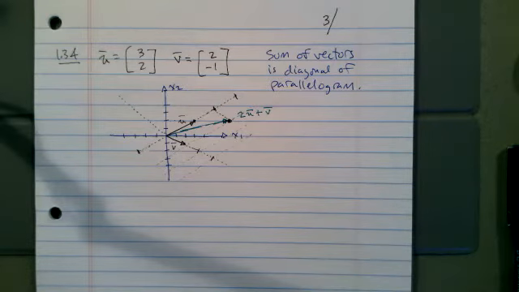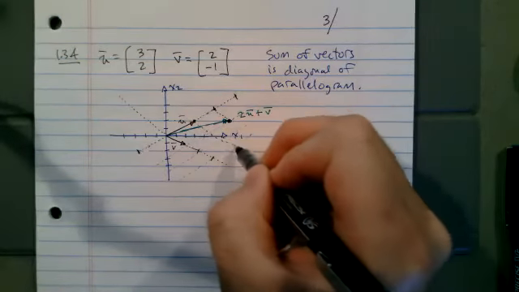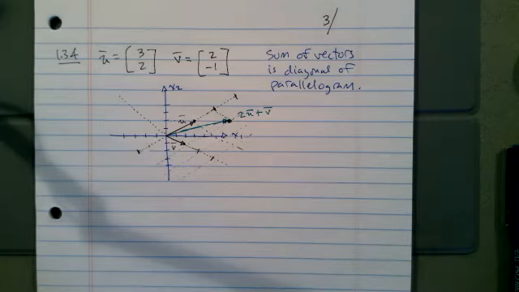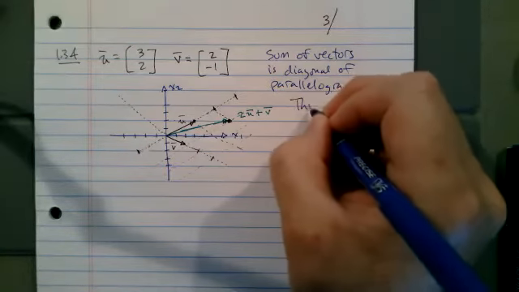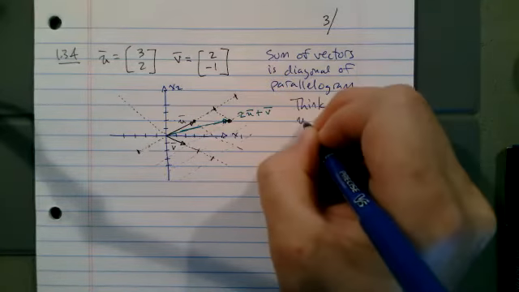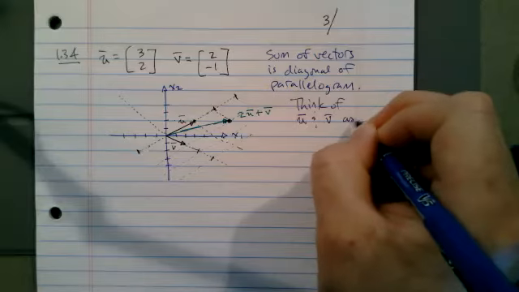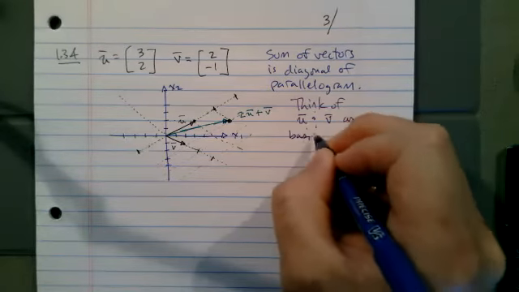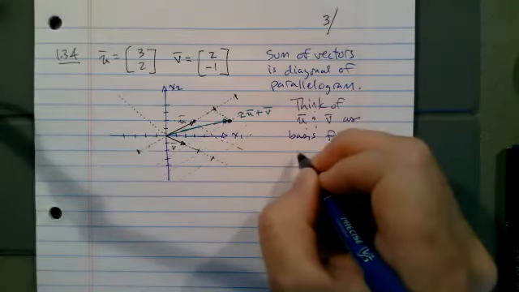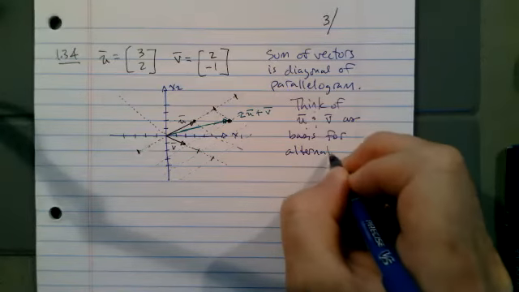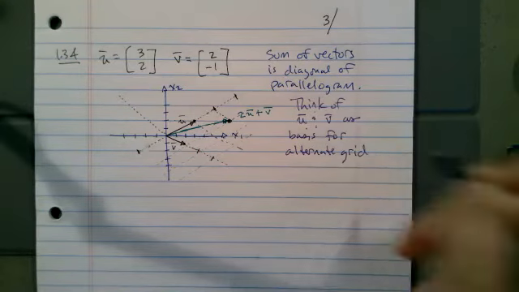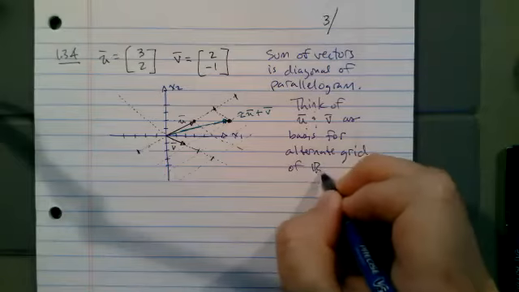One level above that, we want to view 3, 2, and 2, negative 1 as an alternate graph paper, an alternate grid on R2. So think of U and V as a basis for an alternate grid of R2.